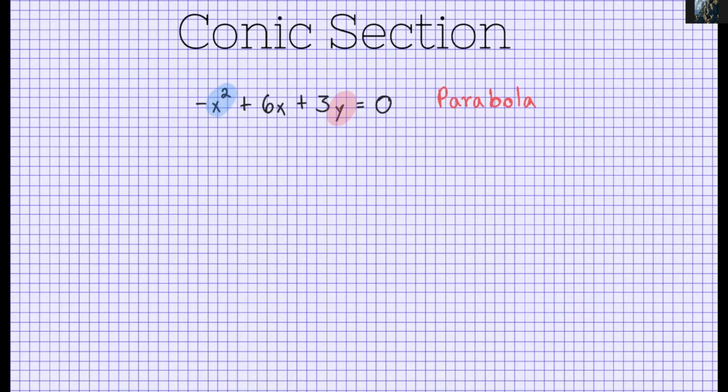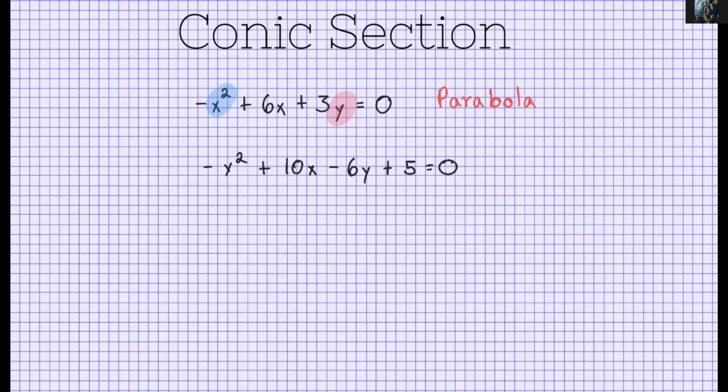Another example, if I have negative y squared plus 10x minus 6y plus 5 equals 0, the procedure is the same.